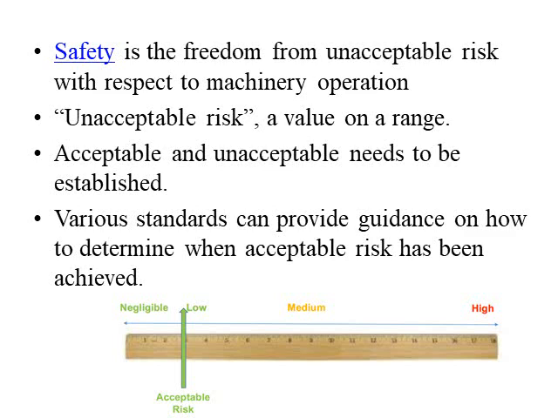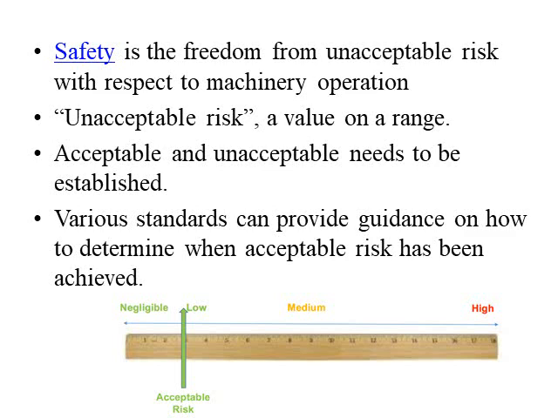Now when we say unexpected risk, it means there's a value, there's a range for that type of risk. So we have to first of all establish what is acceptable and what is unacceptable risk. Whatever the acceptable risk one industry may provide, it may not be the same for some other industry. So the risk depends on the type of industry.